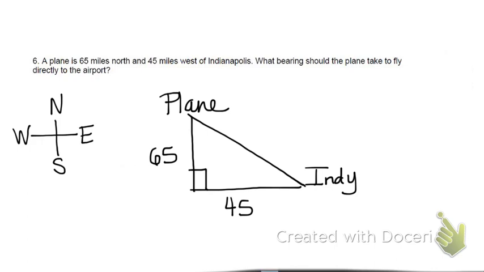So, of course, if it says north or south, that's always vertical. And then east or west is horizontal. And the plane is here.